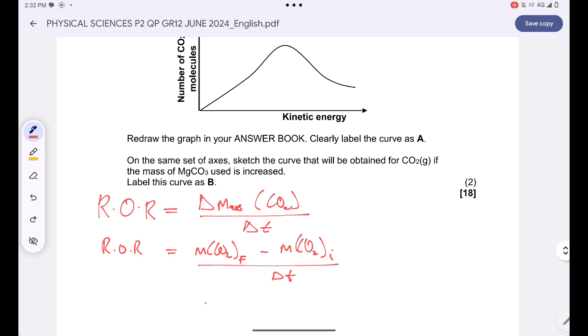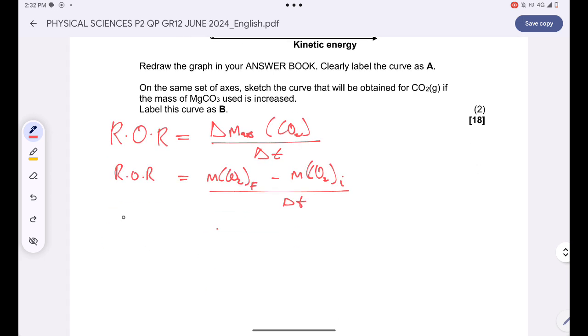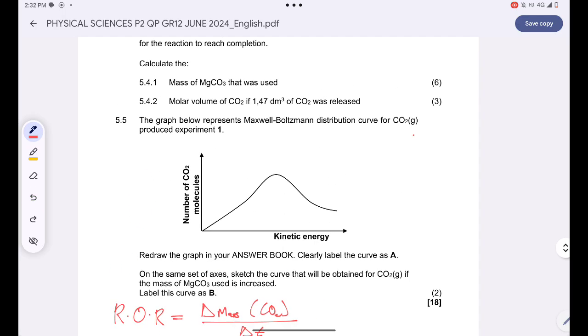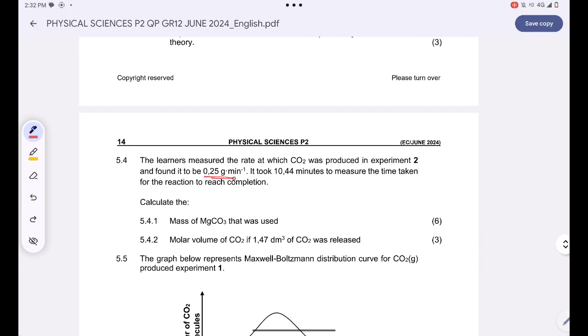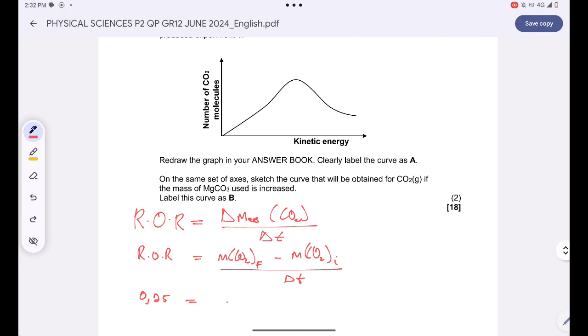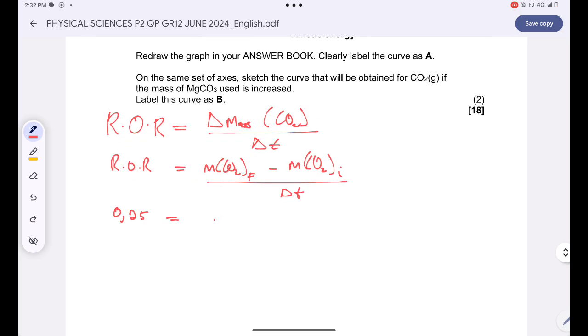We are told that our rate of reaction is 0.25 grams per minute. I'm using mass, guys, because I was given the rate of reaction in grams per minute. So that's 0.25 grams per minute.